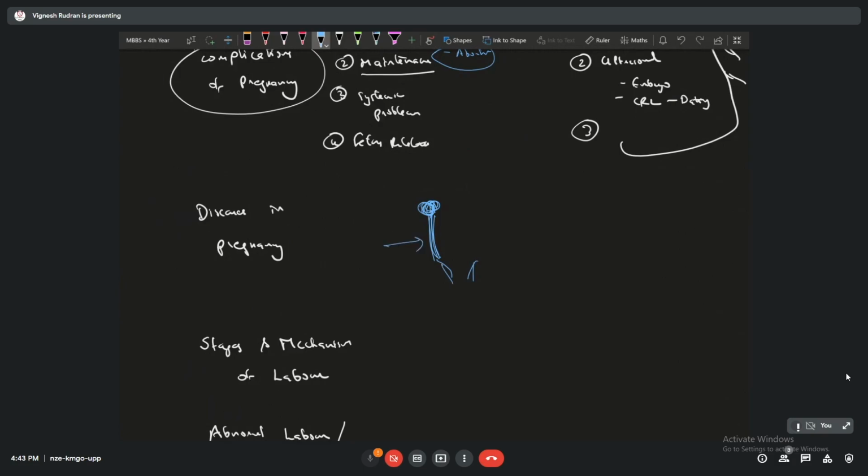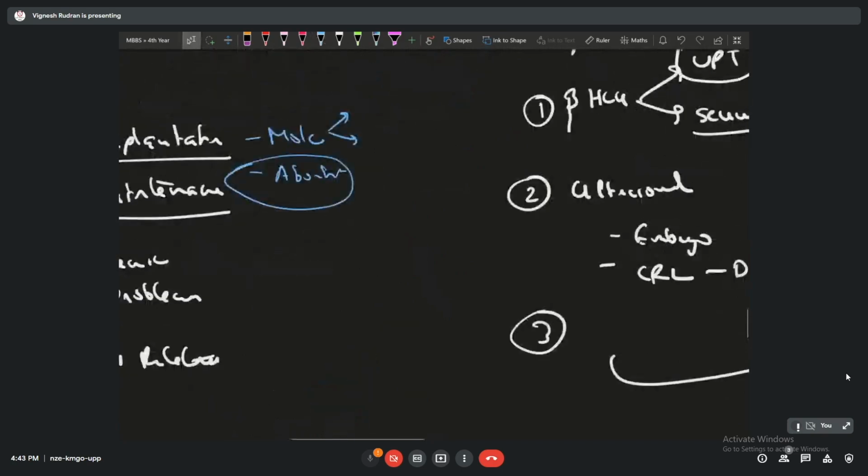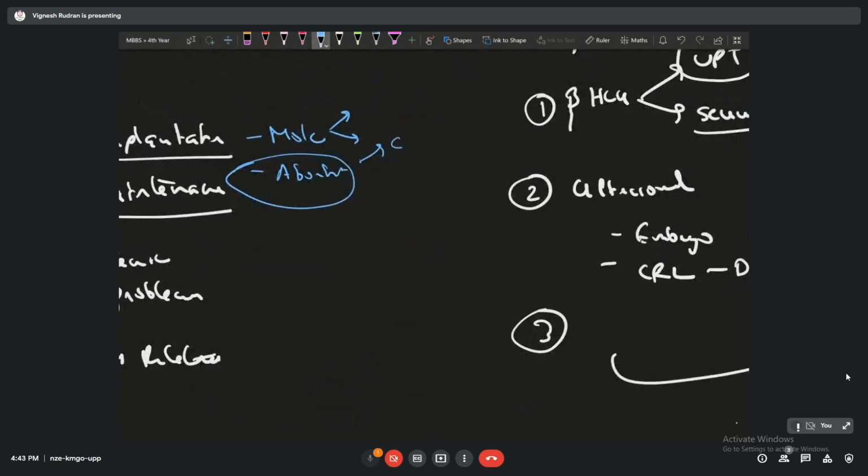All of these are going to cause abortion. The various types of abortion are complete, incomplete, threatened, impending, where abortion is definitely going to take place, and missed abortion. So these are the ones.